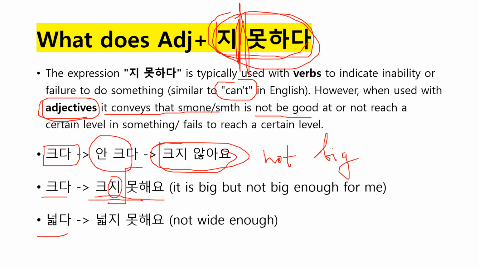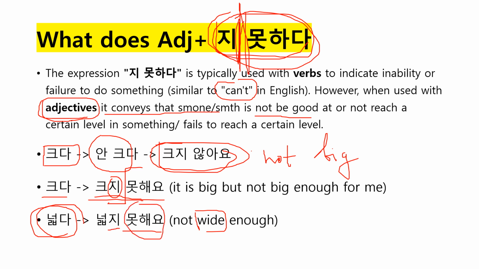The next one is 넓다. The adjective 넓다 is wide, right? And now we want to say 넓지 못해요. Maybe let's say the road is not wide enough. If you look at the road or something like a street, it is wide, but not as wide as you expected, or as you want it to be. In that case, you can say 넓지 못해요.